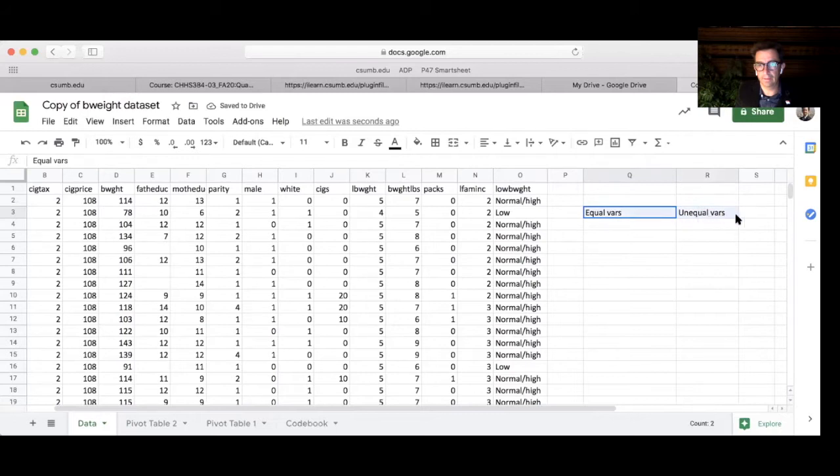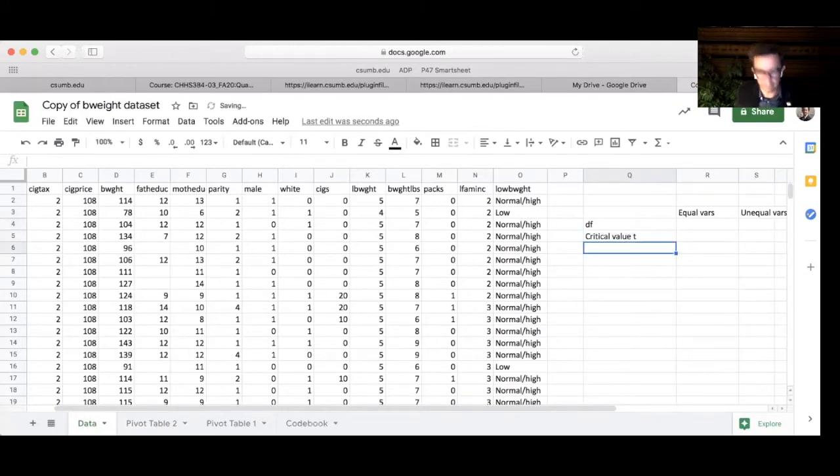And then, let me move this a little bit. And here we're going to have, first, we're going to calculate the degrees of freedom, right?